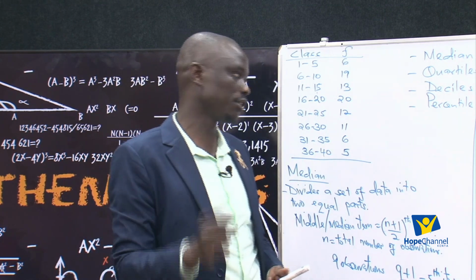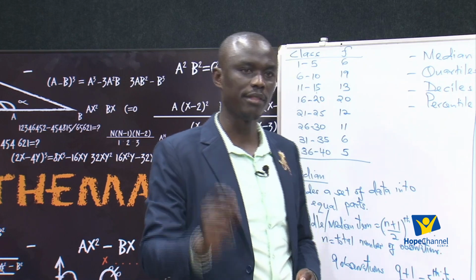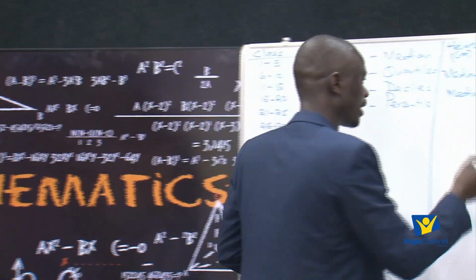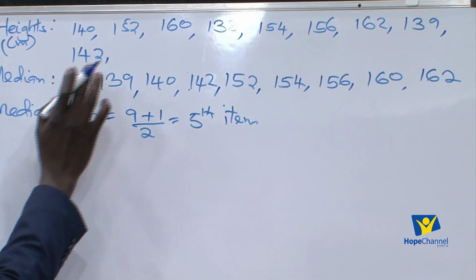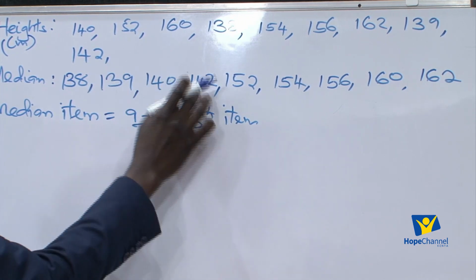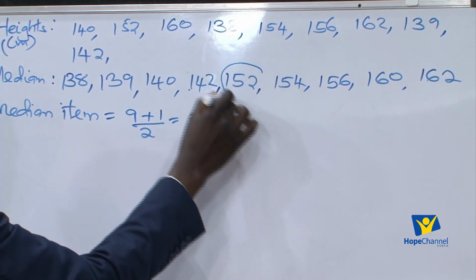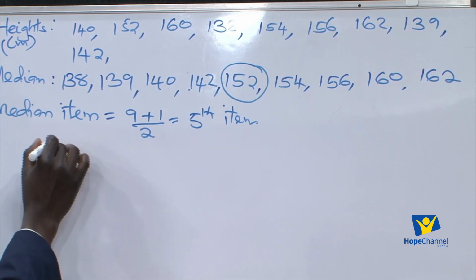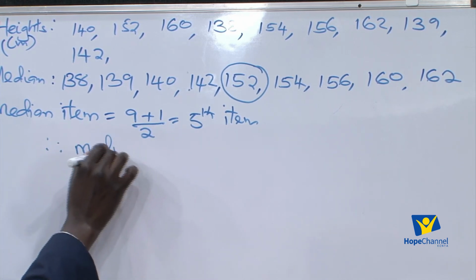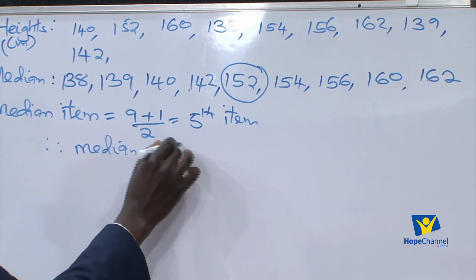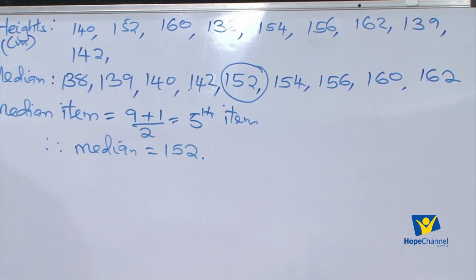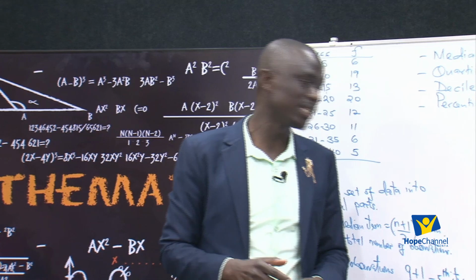The observation that falls on number 5 is the median. So our median in this case will be 152.